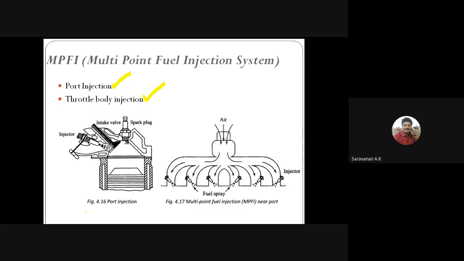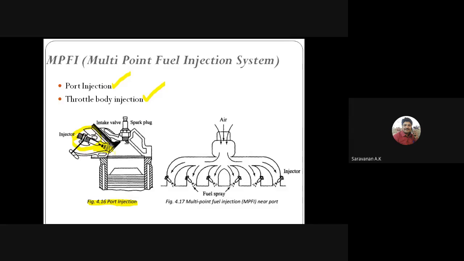In this diagram you can see the port injection. Port injection means the injector is placed on the side of the intake manifold, nearer to the intake port, that is the intake opening.